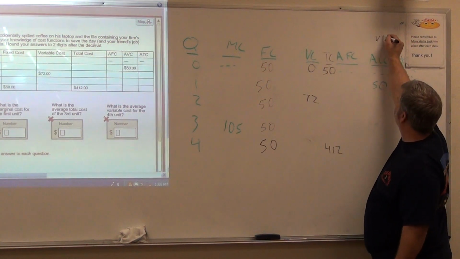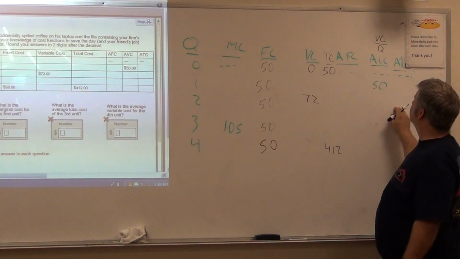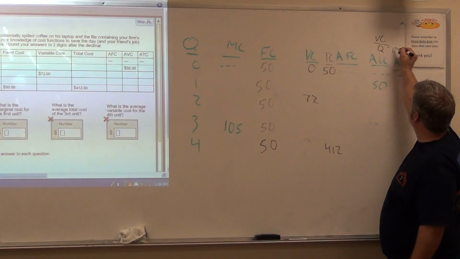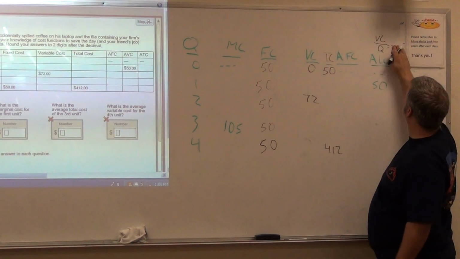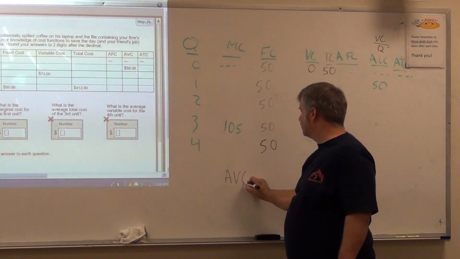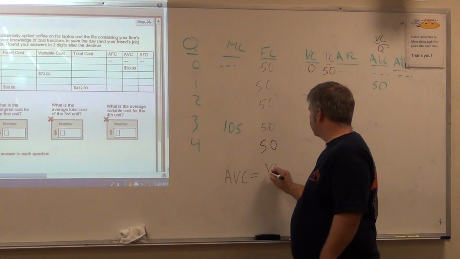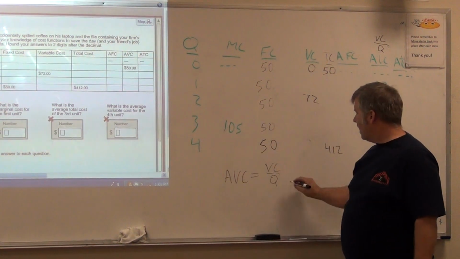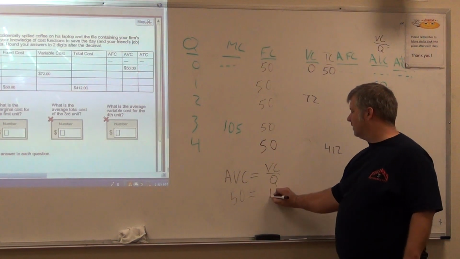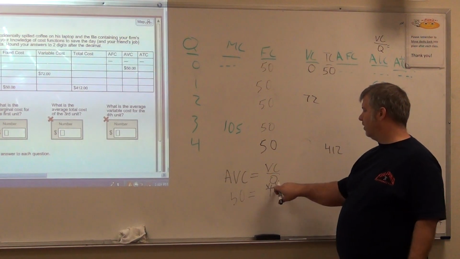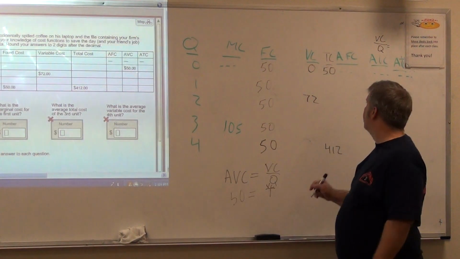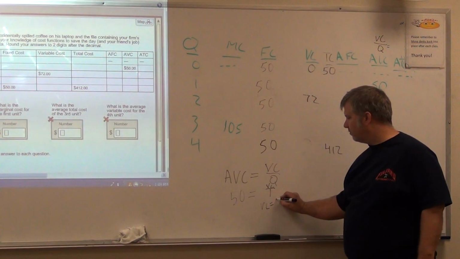Average variable costs are variable costs divided by quantity. So we know that quantity right here is 1. If we know that average variable cost equals variable cost divided by quantity, and we know that our average variable cost is 50, and we know our quantity is 1, we just need to solve for variable costs, and to do that we multiply by 1, and we find that variable costs equal 50.